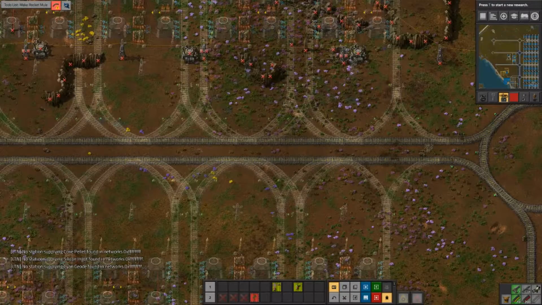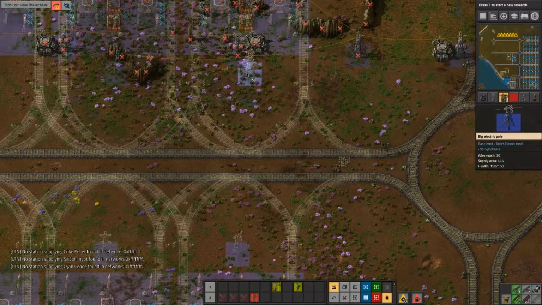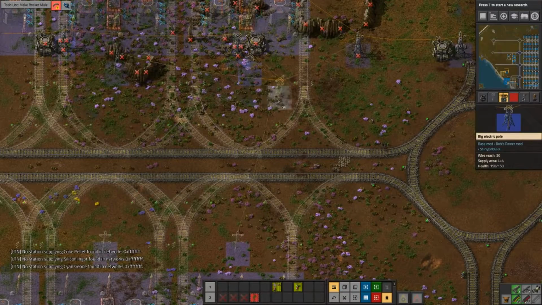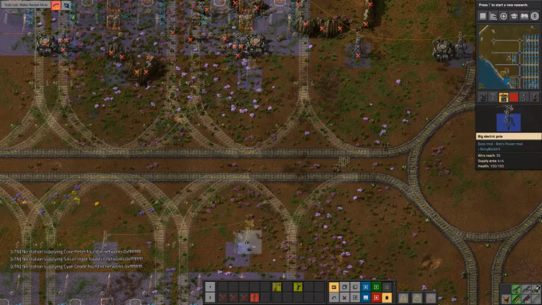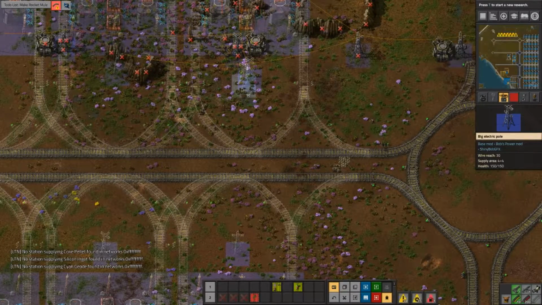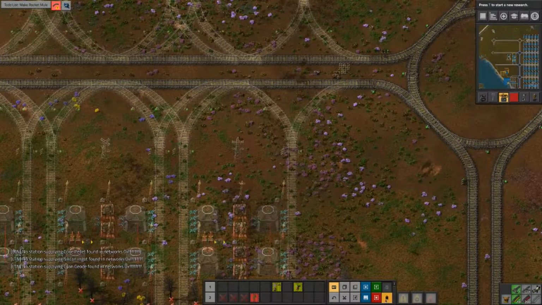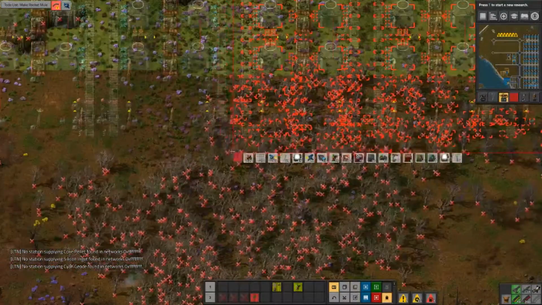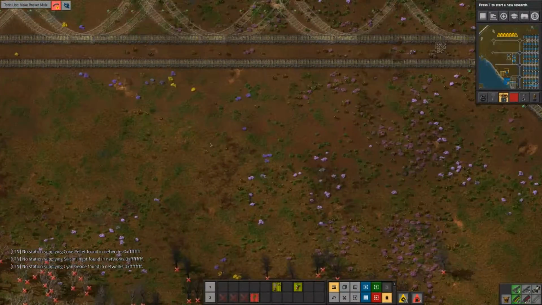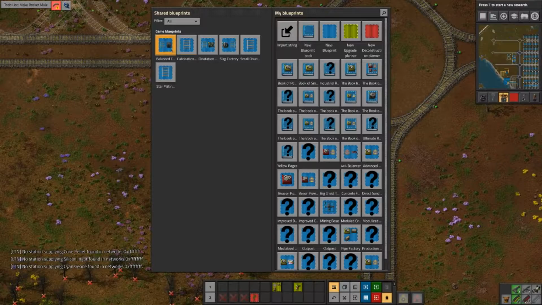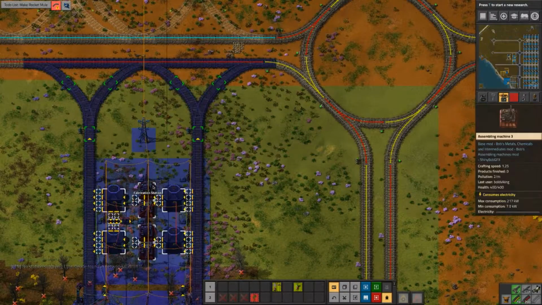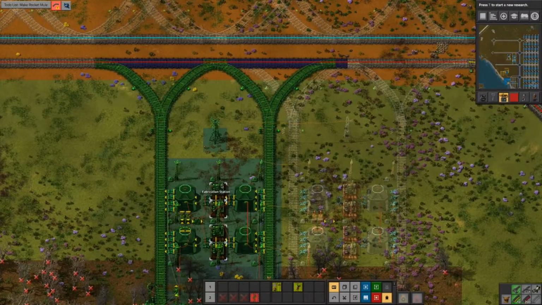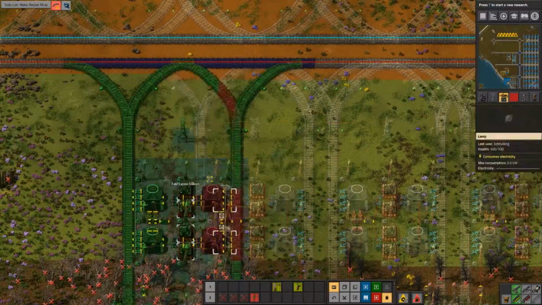And I already see the first error in this station. Oh, this is completely bollocks. Yeah, this is correct.